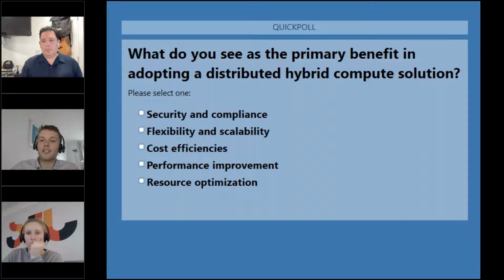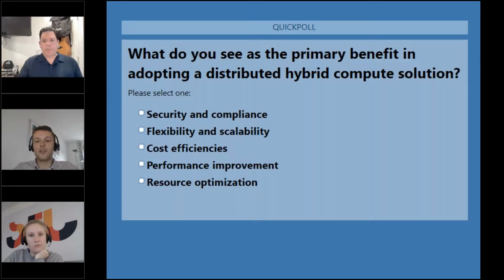So yep, starting to see the responses come in now. Just give you a few more seconds just to make sure we get enough of the audience. So just to run through: option 1, security and compliance; option 2, flexibility and scalability; option 3, cost efficiencies; option 4, performance improvement; and then option 5, resource optimization.